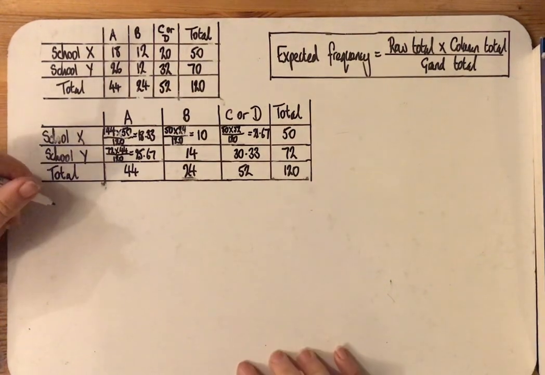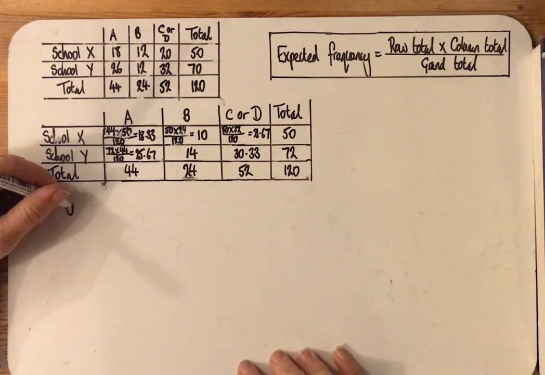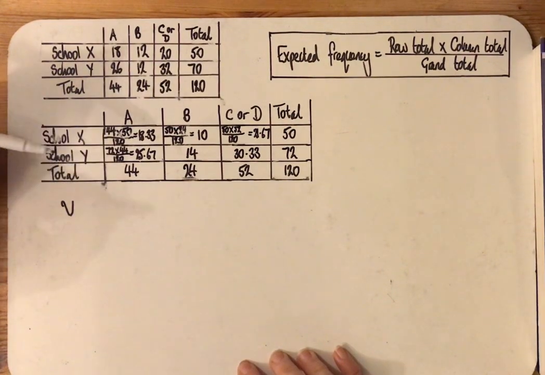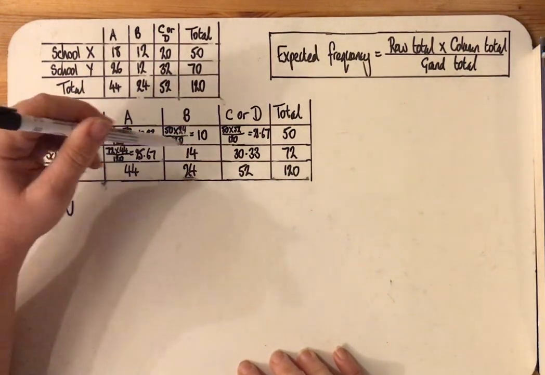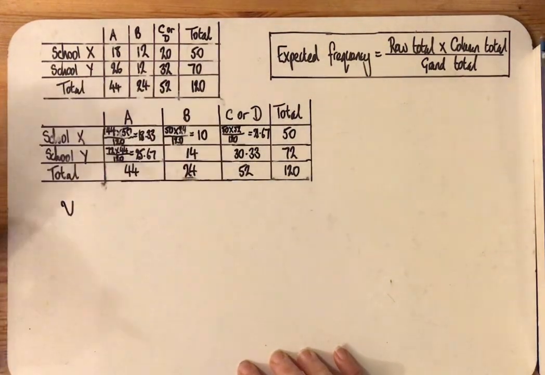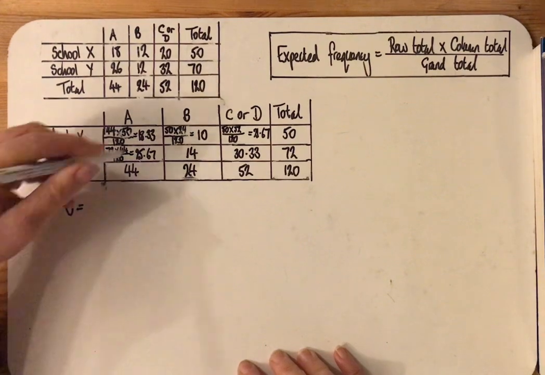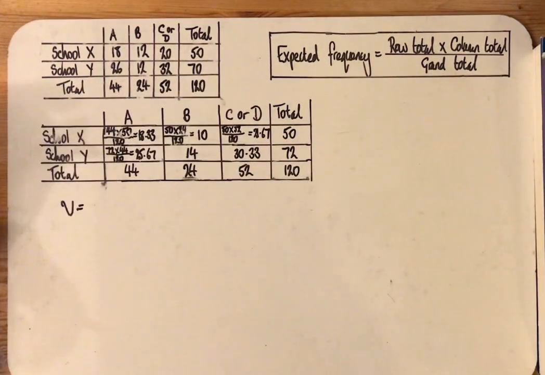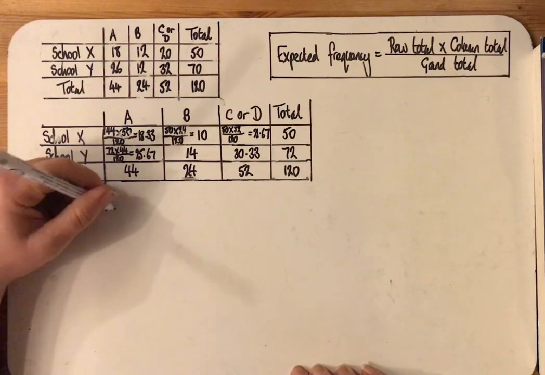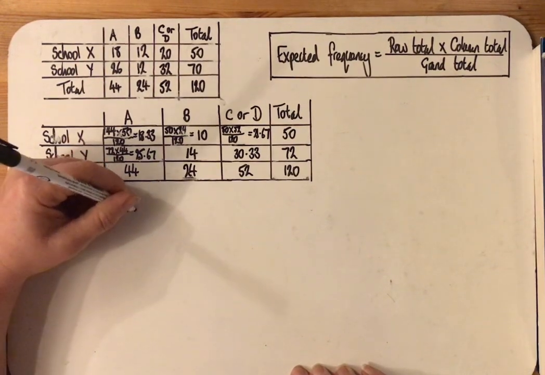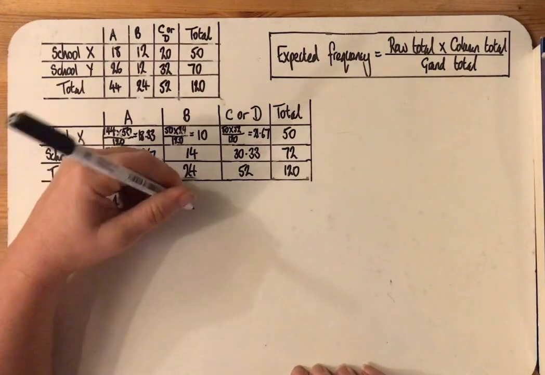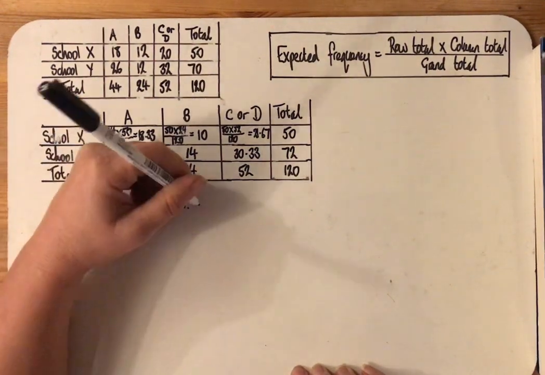The degrees of freedom: because this value here is determined by this total, and in a sense this value here is determined by this total, so these will all add up to 70, then the degrees of freedom is the number of rows minus 1 times the number of columns minus 1.